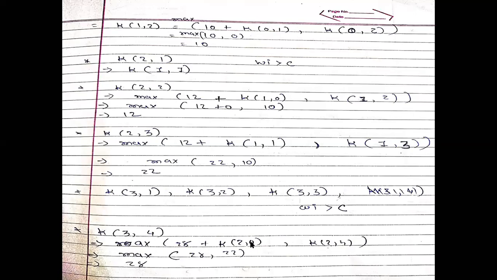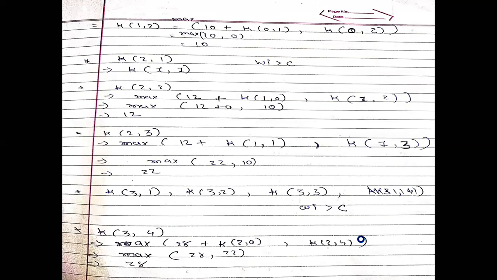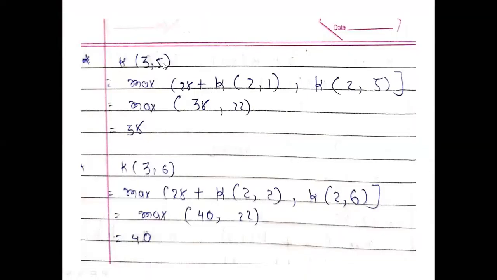So you have to put here 0. Here K of I minus 1 એટલે 2 અને C એટલે કે 4. Get the values from the table, put here, you will get the value that is 28. So we have to put here, in the 3 and 4, 28. Okay. Then after let's calculate for 3 5.